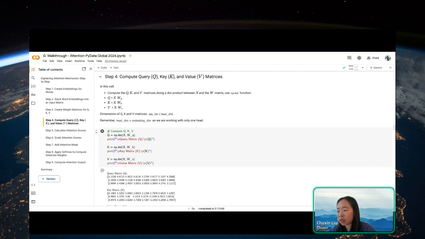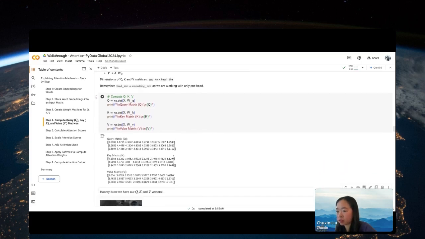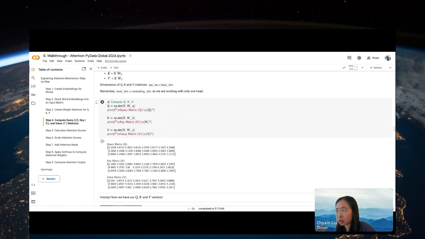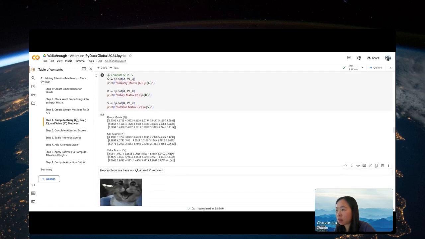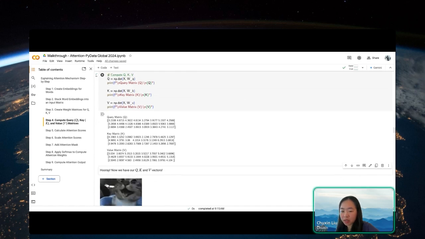The reason why we get 3 by 8 is because X was 3 by 8 and the W's are 8 by 8, so the dot product between them will be 3 by 8. Okay, so congratulations. Now you have Q, K, and V.